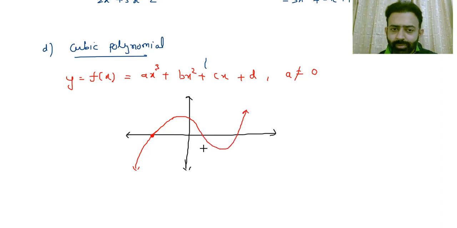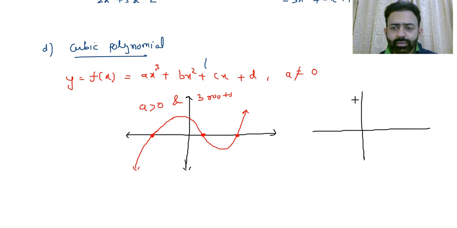This will be possible if a is greater than 0 and it has 3 roots, because it is intersecting at 3 points. And in the second one, what can be the other possibility?